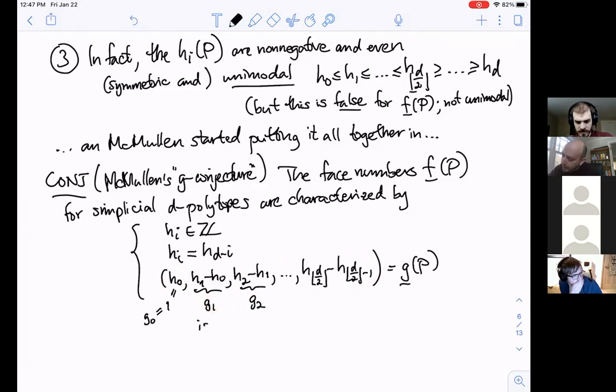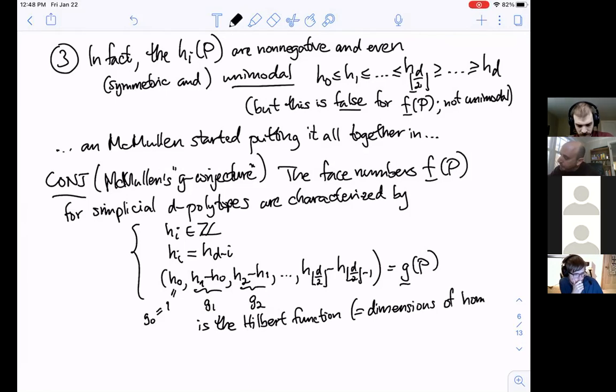So I'm going to write it as the Hilbert function, but that's just saying the dimensions of the graded pieces, the dimensions of the homogeneous components of a ring, maybe I'll even say a graded R-algebra.